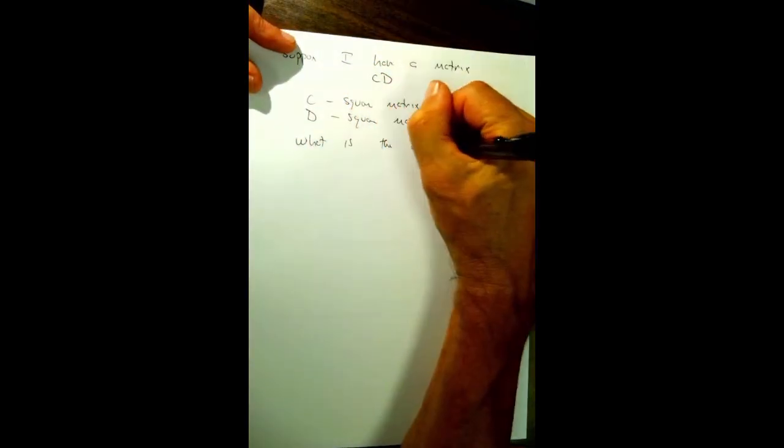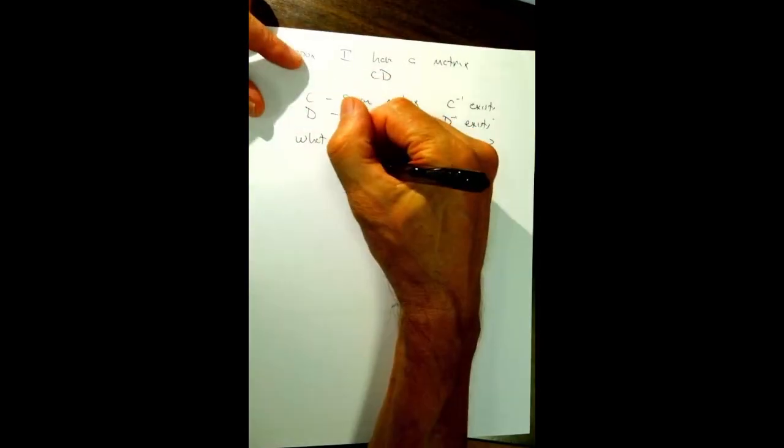I can ask, what is the inverse of CD? And so now here's the thing, notation is going to be an issue here. C times D is a matrix. And so what I'm looking for is the inverse of that whole thing.